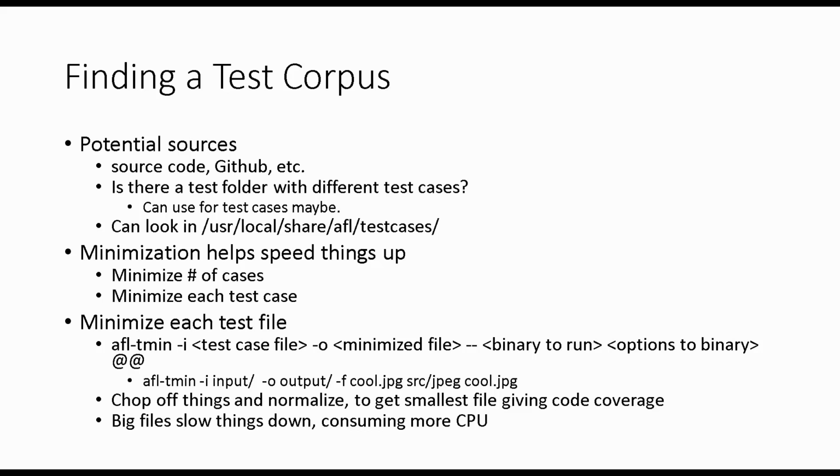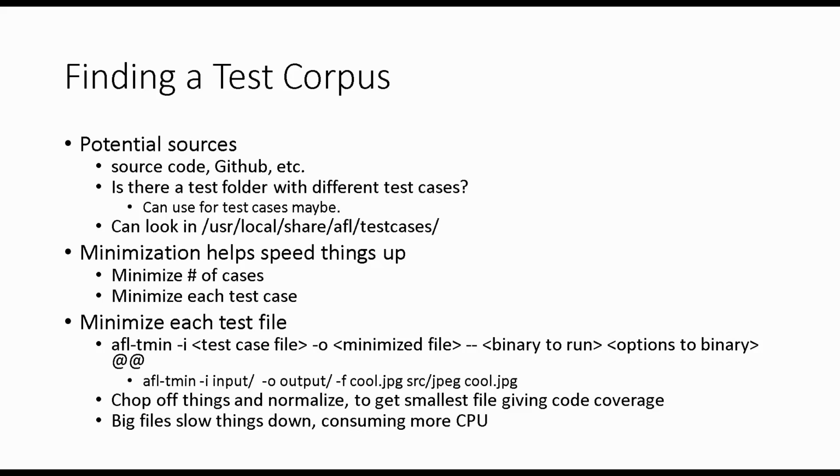Minimization: we want to speed things up. Two big things we're concerned with are CPU and time. If we can make the time that one fuzzing run takes shorter, then we're going to get much better throughput. We can find results faster. So we do minimization in two different ways.